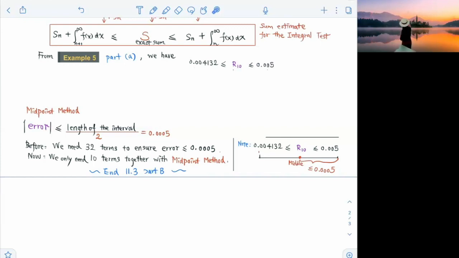If you take the middle, then it's within the distance from here to here, so it's no more than 0.0005. So by doing this, we don't need 32 terms to ensure the error. We can just take 10 terms, and then take the middle of the two lines, and the error will be less than 0.0005.